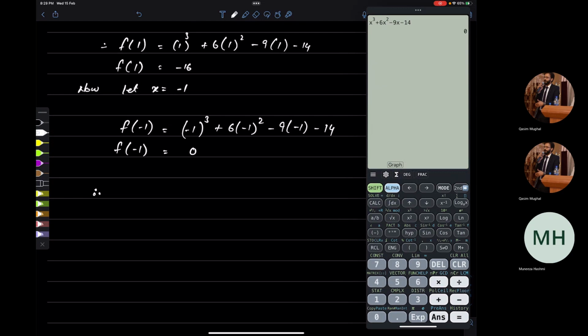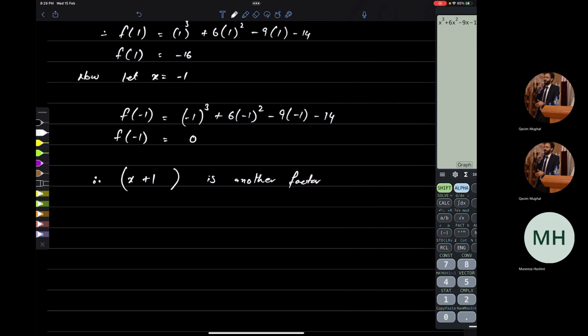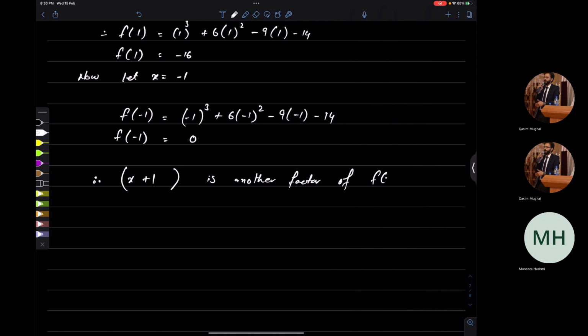Therefore, x minus -1, or just simply change the sign and put it in there. If I change the sign, that gives me x plus 1 as another factor of f of x. Got it?